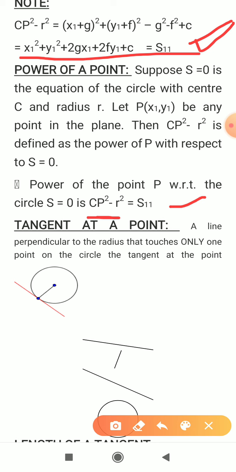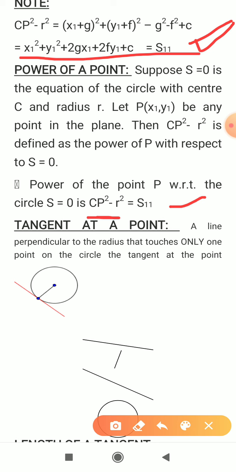Now tangent. In your previous classes, you learned about the tangent. We say that a tangent is a line which has one and only one common point with the curve. Here we discuss the circle.